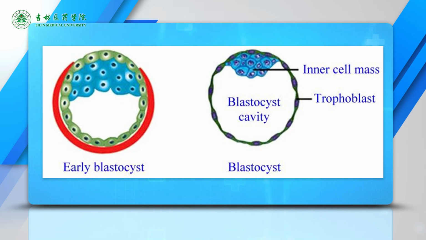The outer part is a flat layer of cell, called trophoblast. The inner part is a cavity, called the blastocyst cavity. The cubic cell near one end is called inner cell mass. After proliferation and differentiation, these cells finally develop into human body.